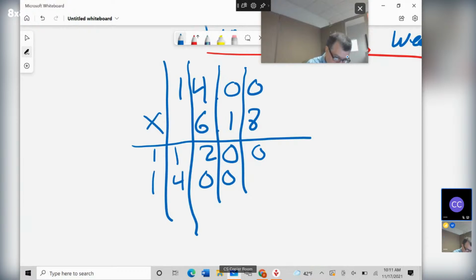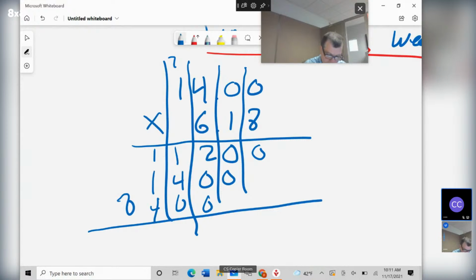Then we're going to have 6 times 0 is 0, 6 times 0 is 0, 6 times 4 is 24, carry the 2, and 6 times 1 is 6 plus 2 is 8. So then we add all these up, 0, 0, 2, 5, that's going to be 2, 6, 86.